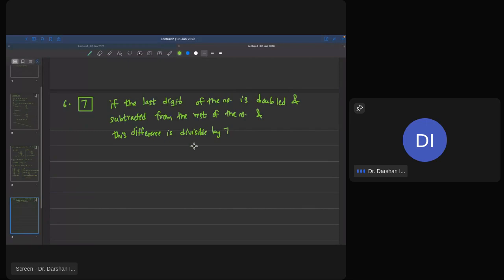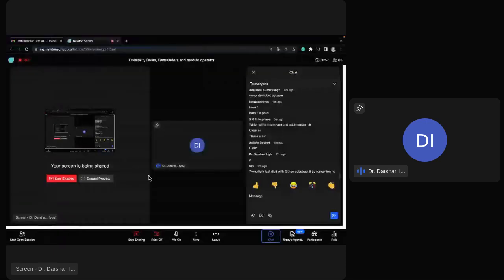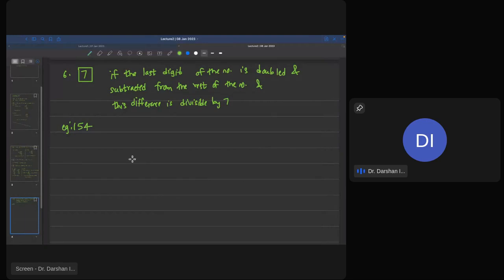How to do that? See, let me consider an example over here. Let's say I am considering 154. Observe this example. Before you ask any questions, observe this example. 154. What did I say? If the last digit of the number is doubled.